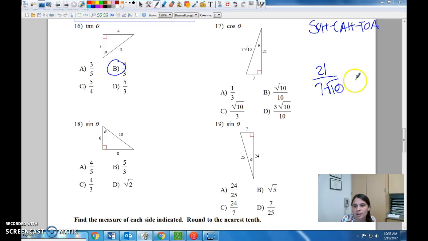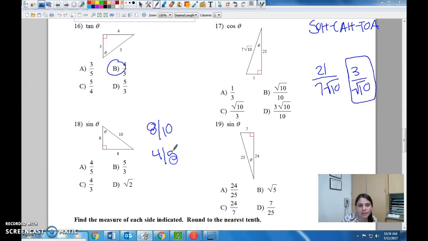And then 21 divided by 7 is 3 over the square root of 10, which actually is not given as an option, but I will make sure that that does not happen on your final. And then sine is opposite over hypotenuse, which is 8 over 10, which simplifies to 4 over 5, so that is A.